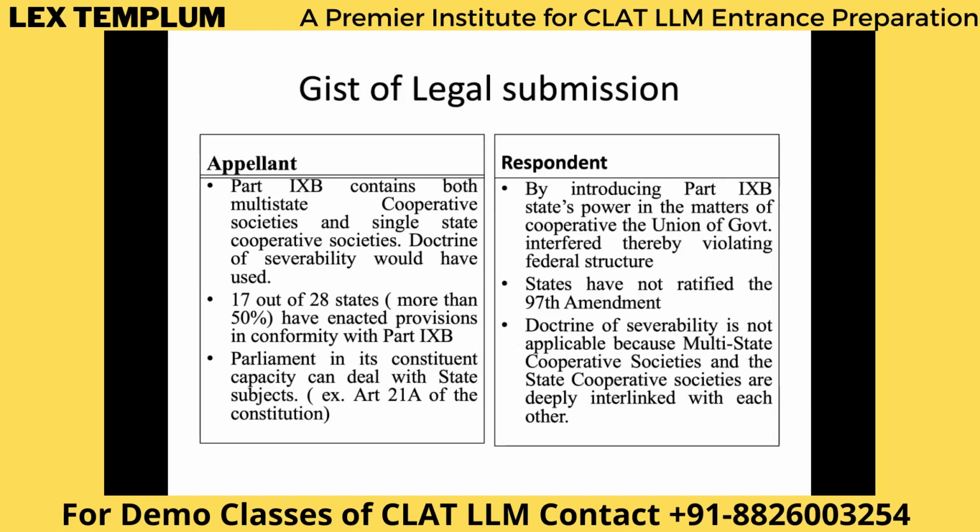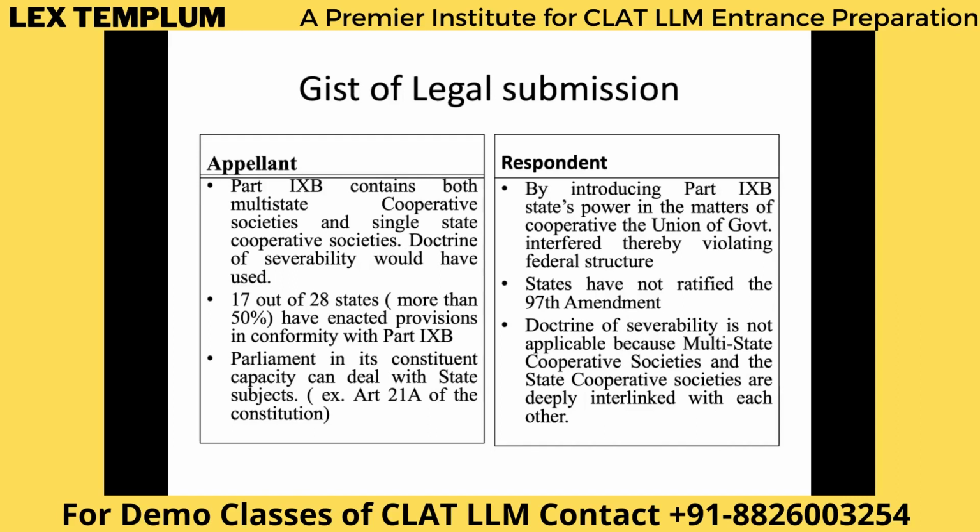They also said that the parliament in its constituent capacity can deal with state subjects. For example, Article 21A of the Constitution is added in the constituent capacity of the parliament, right? And Part 9B contains both multi-state cooperative societies and single state cooperative societies. And they said that the doctrine of severability could have been used.